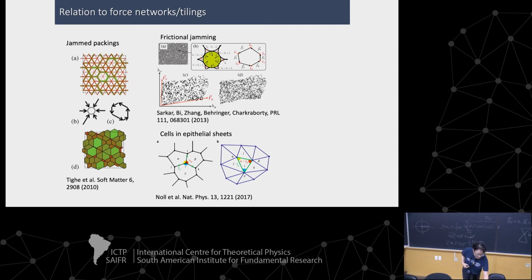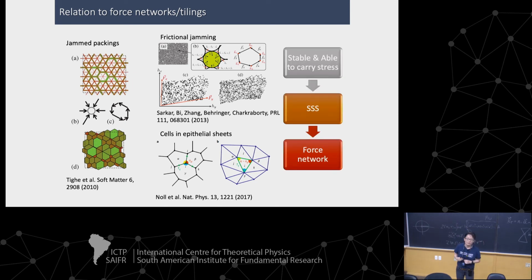So the basic idea when you use this in a soft matter problem is that when you have a network that can carry stress, that means you must have a state of self-stress there. Right? Then when you have a state of self-stress, you are able to construct such a force network. Then you can use that as a tool to analyze the properties and to write statistical mechanics. Okay?